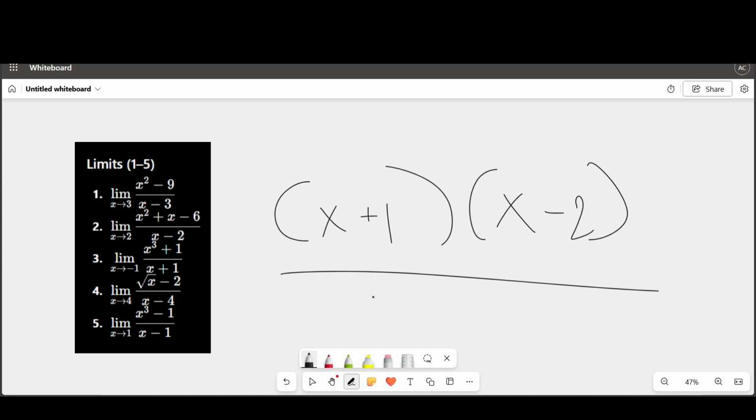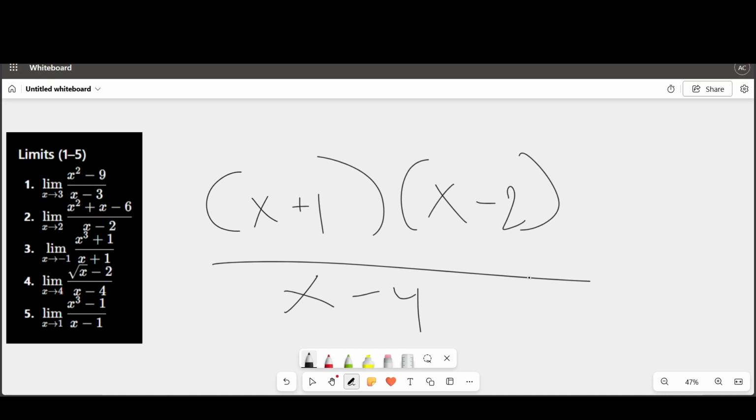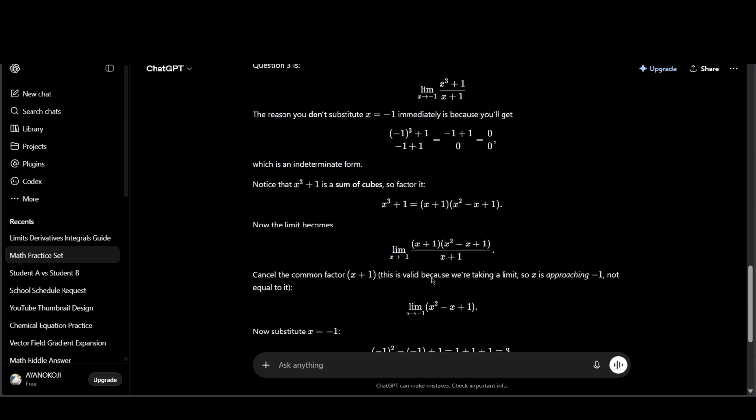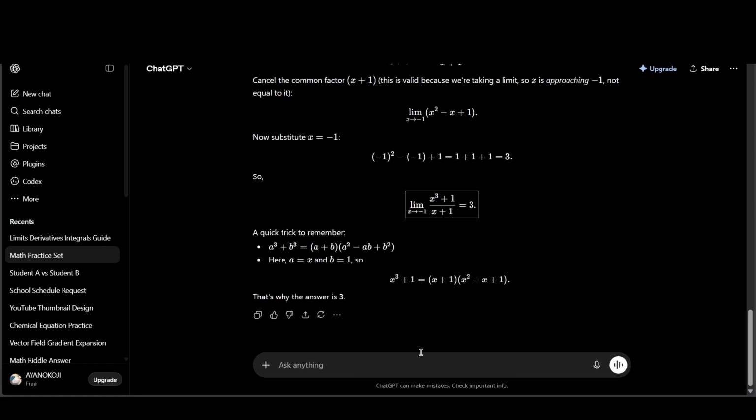So we're going to have x plus 4 here. There are no common factors. So how are we going to approach this? Can we cancel out the common factors? There is no common factor over here. So how am I supposed to approach this?